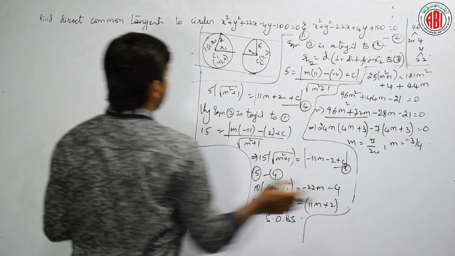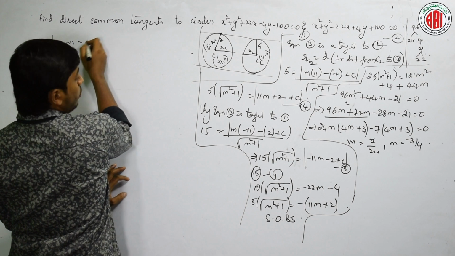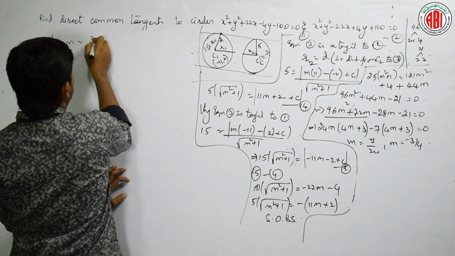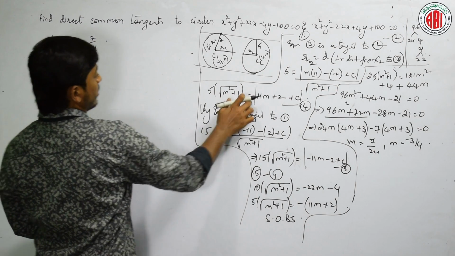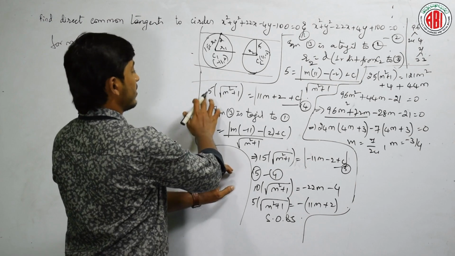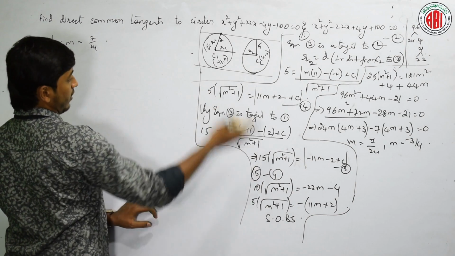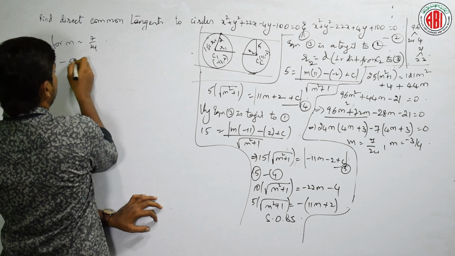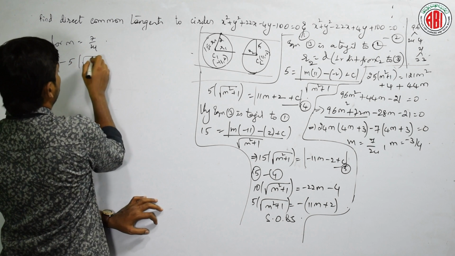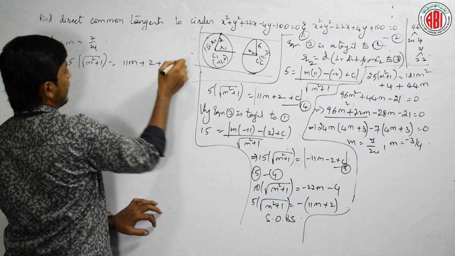So, let us substitute m is equal to 7 by 24 in this equation. What do we get? We get plus or minus 5, we have solved for plus, right. Let us take minus 5 under root m square plus 1 is equal to 11m plus 2 plus c.